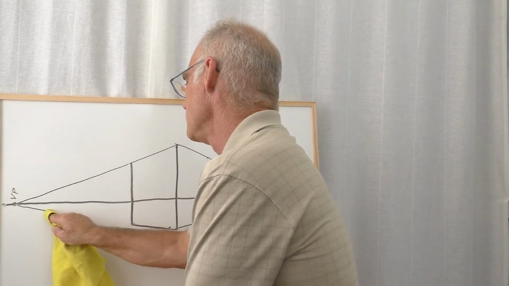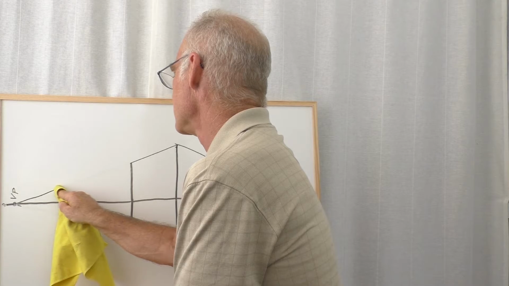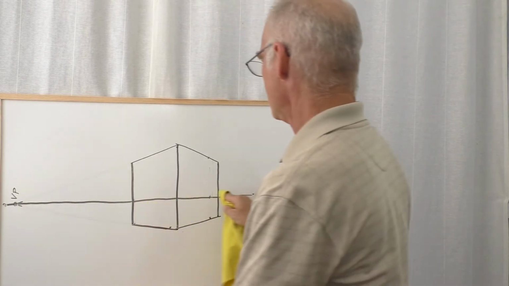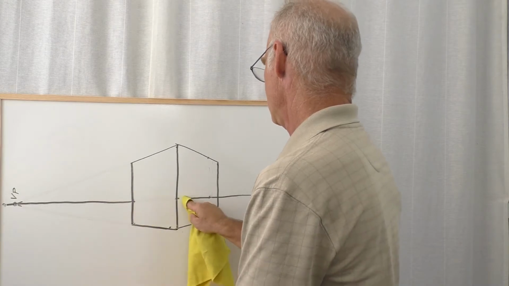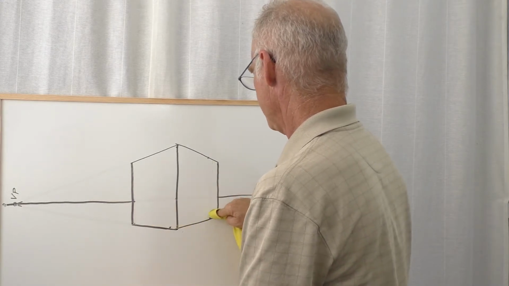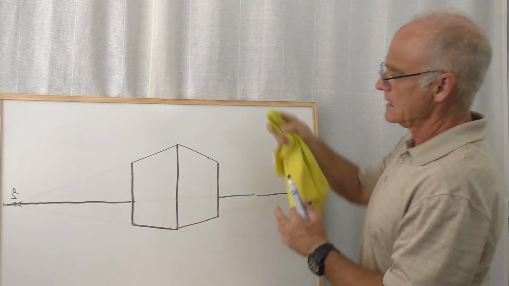And since this cube is a solid, we can't see through it. I'm going to erase the horizon line inside the cube. Okay? So that's a cube sitting in space.